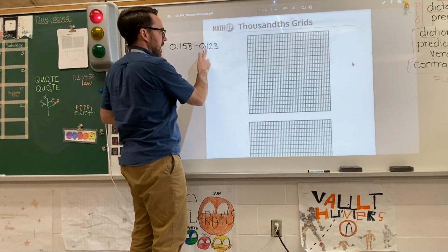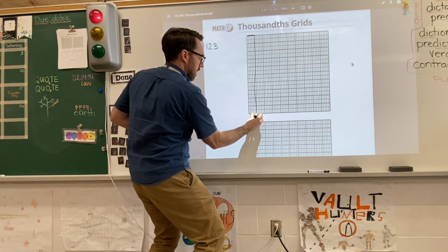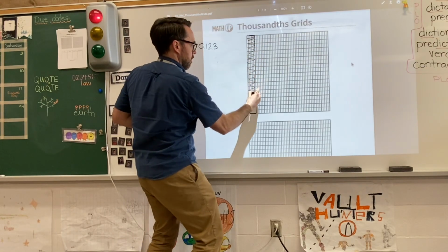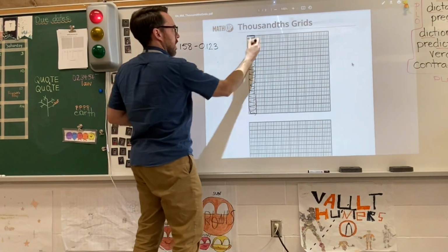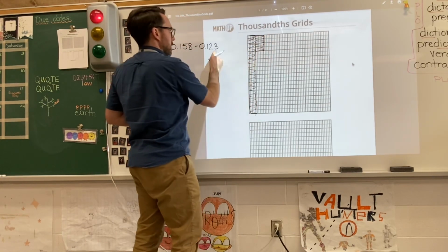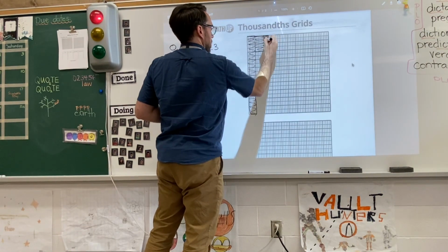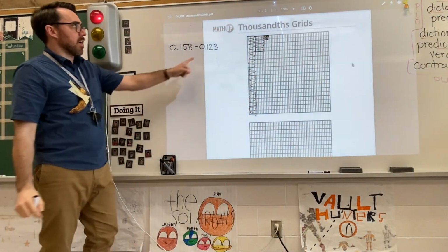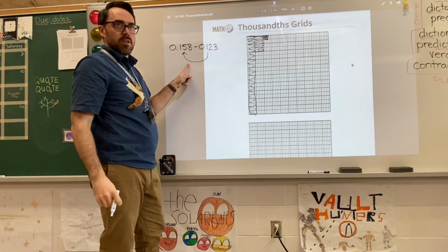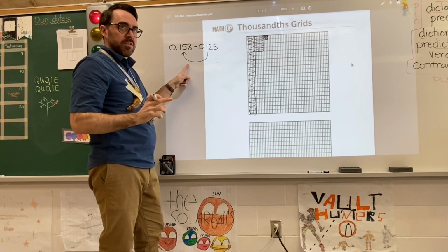So that one is 1/10, so one full row, and then 2 hundredths, and then 3 thousandths. So 1, 2, 3. And I want to add up to the bigger number, to see that difference.